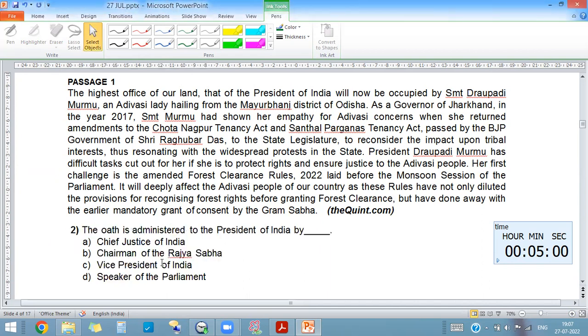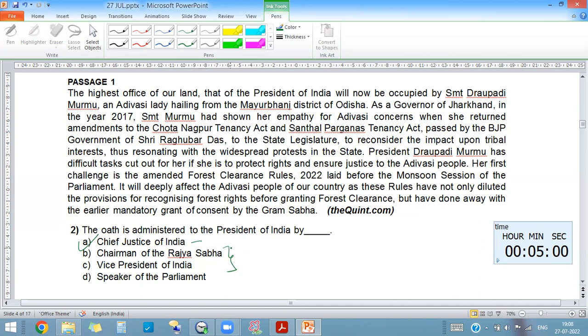Okay. Second question. The oath is administered to the President of India by, again, the right answer is option A, the Chief Justice of India. Everyone knows this? Now, the Chief Justice of India, we all know, is Justice N.V. Ramana. And look at option B and C. The chairman of the Rajya Sabha and the vice president of India is the same person.